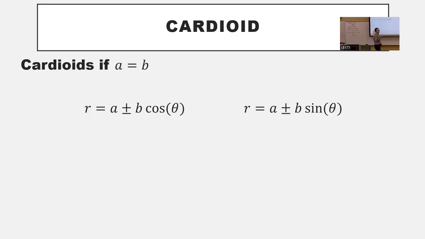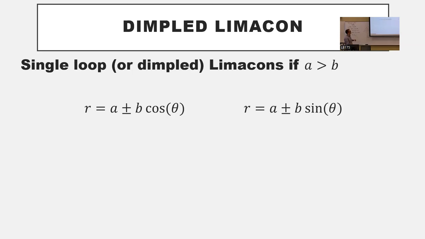The shape where a is equal to b, where we go back and touch the origin, that's called a cardioid. All right? When a and b are equal, when those coefficients are equal, whether you have a plus or a minus, it doesn't matter, there's going to be a flip-flop. Those are called cardioids.